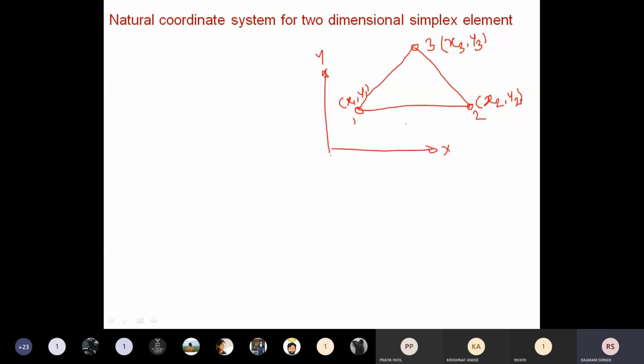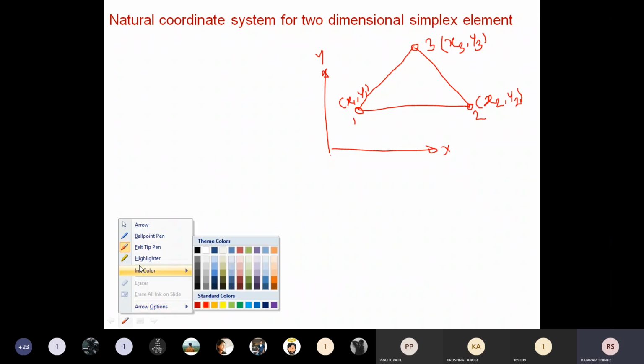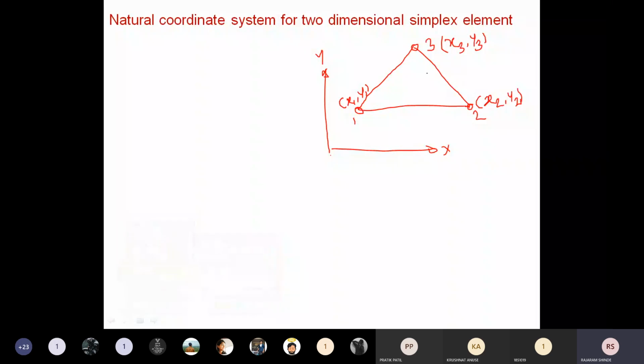Now, our aim is to define the natural coordinates. Natural coordinates are the coordinates which are local to the element. For defining the natural coordinates, I will take one point on the element. Suppose this is a point P on the element.